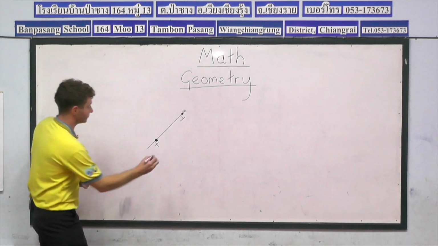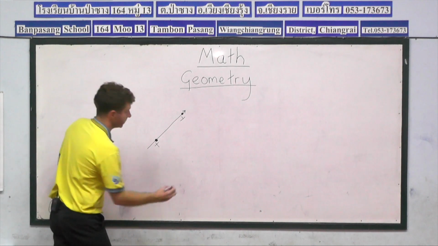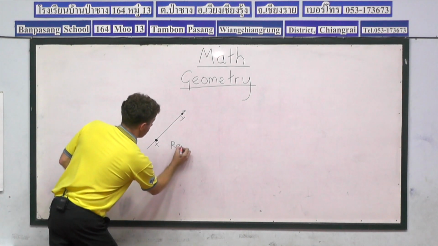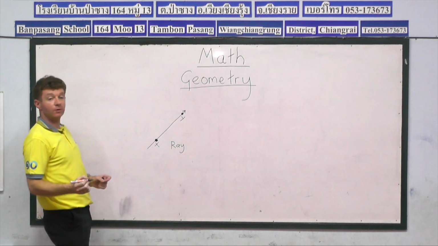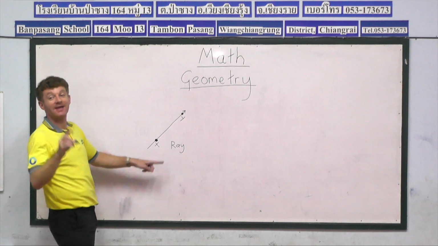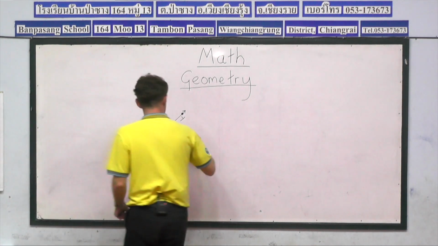Ray X, Y. So how do we spell ray? R-A-Y. And what shall we call it? Ray. Not line. Ray X, Y.